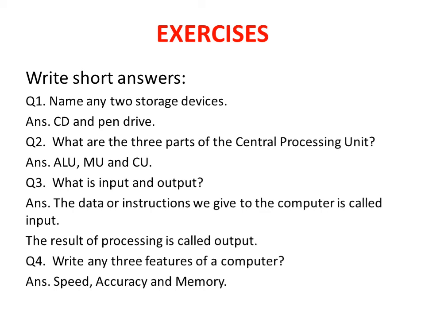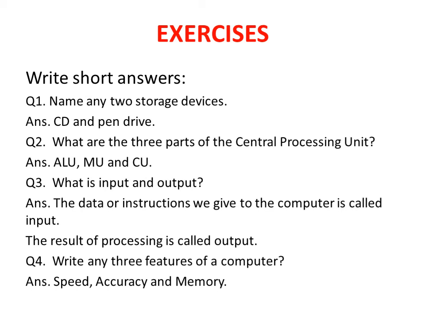Then question number 2. What are the three parts of the central processing unit, means CPU? Okay. Answer is ALU, MU and CU. You can write the short forms. Question number 3. What is input and output? So the answer is the data or instructions we give to the computer is called input.